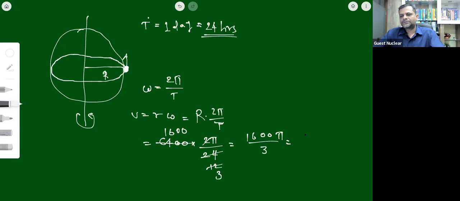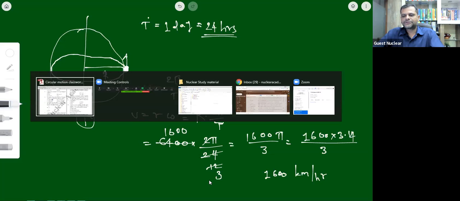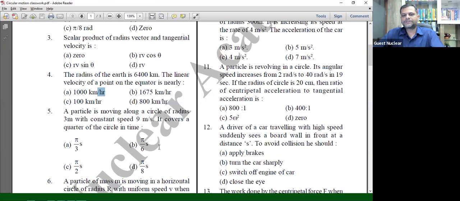So we can just get this as 1600 into 3.14 divided by 3. Okay, that means it is approximately equal to 1600 only, right? So we can call it as 1600 kilometer per hour. Okay, approximately. 1600 से थोड़ा ज्यादा होगा वो तो आपको ऑप्शन में पता चल ही जाएगा.